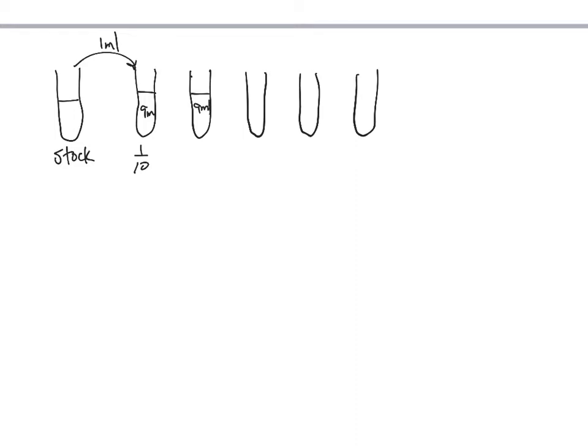Then we're going to do a 1 to 10 of a 1 to 10. How do you figure out what the dilution is here? You multiply. We're making a 1 to 10 dilution of a 1 to 10, so that's going to be a 1 to 100.